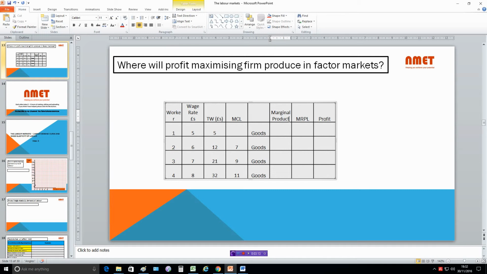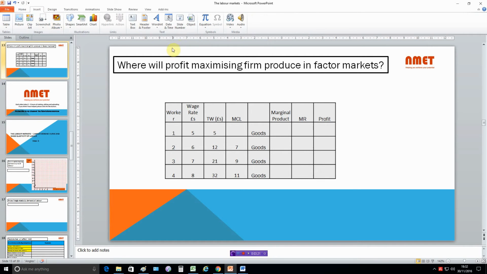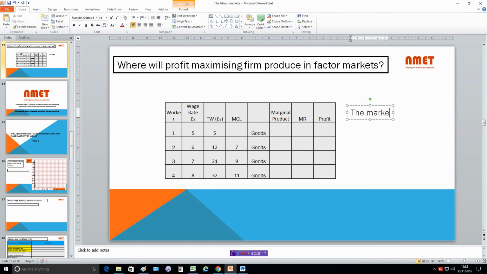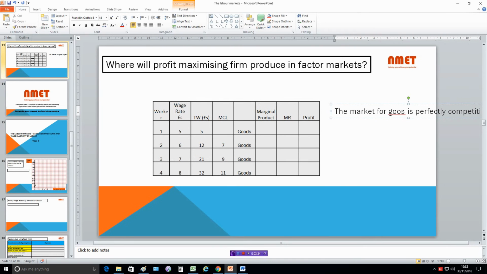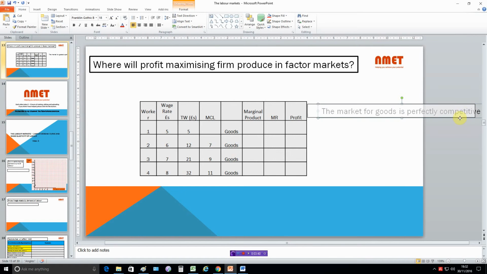And let's say marginal revenue, and this is perfect competition. There is a reason I'm using perfect competition. Can you think why? The market for goods is perfectly competitive.